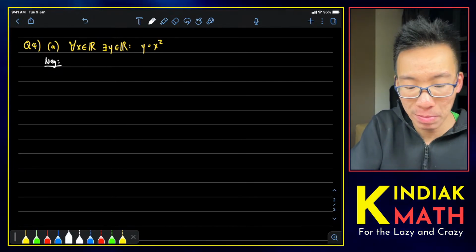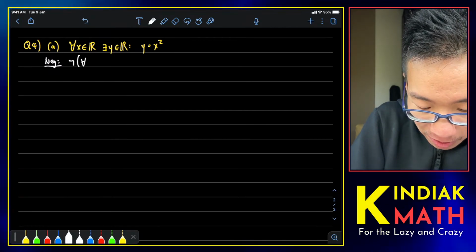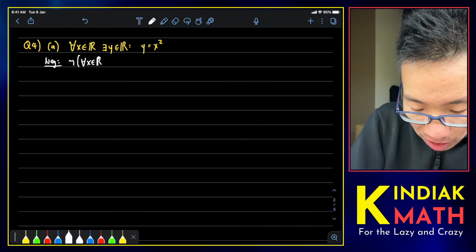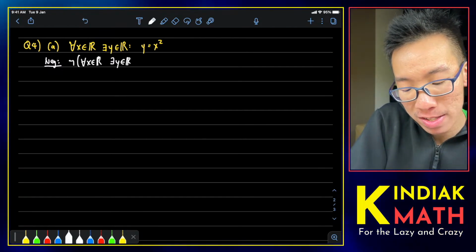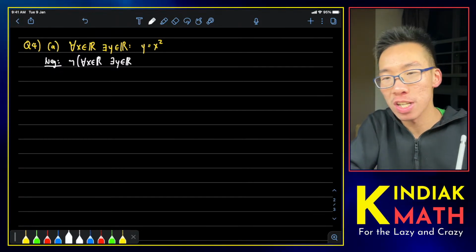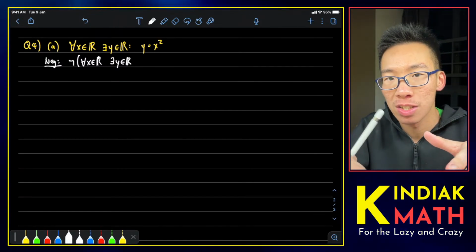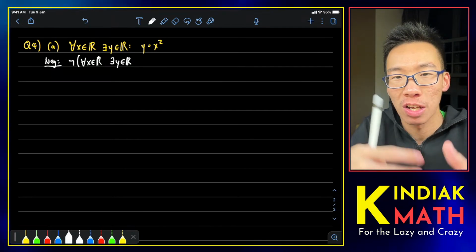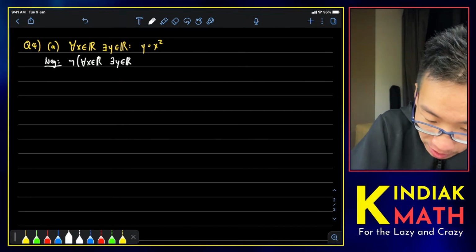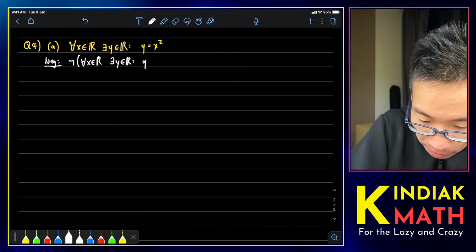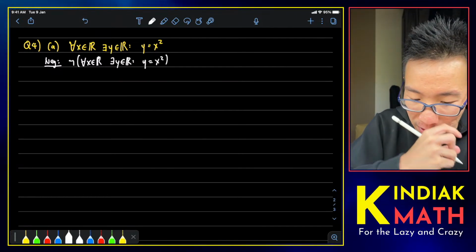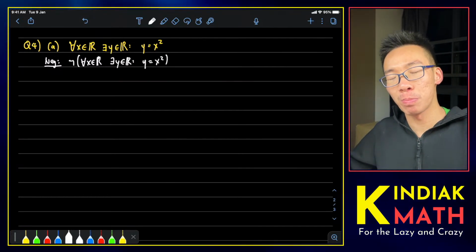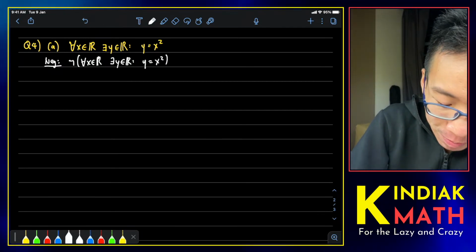We will negate this statement by putting a negation symbol and trying our best to push it in as much as we can so we can tease out even more information about what's going on here. So let's negate. Now we need to push in the negation symbol.